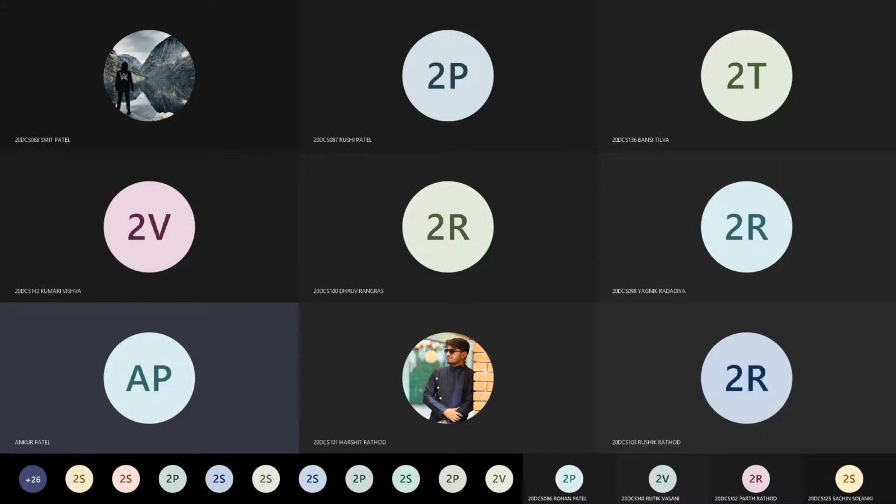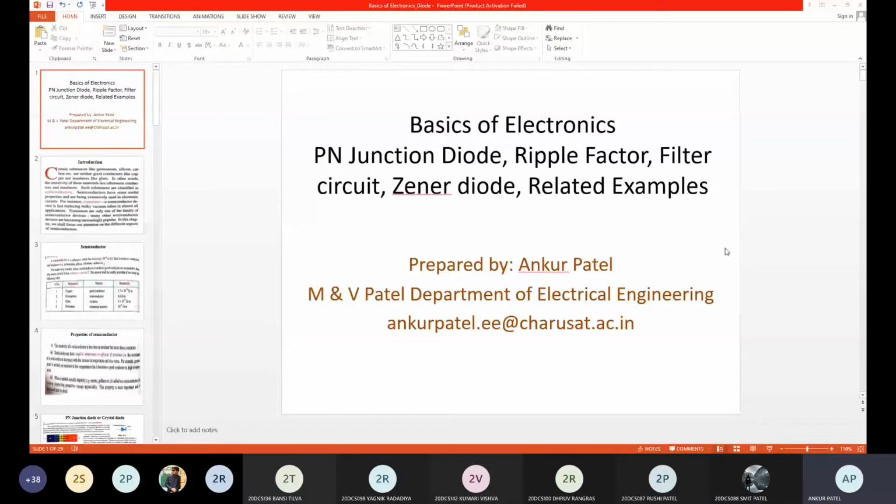We discussed semiconducting material, then intrinsic semiconductor, extrinsic semiconductor, what is doping, the operation of half-wave rectifier, then we proved efficiency of half-wave rectifier. So today we'll go for the operation of full-wave rectifier.